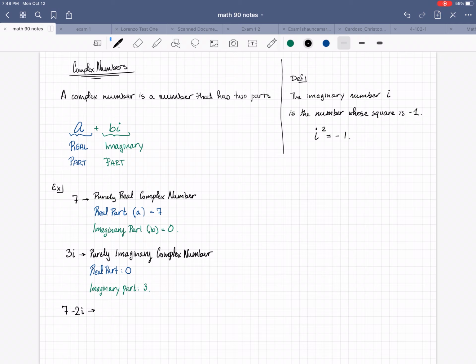Okay, so this is a complex number with both a real and an imaginary part.